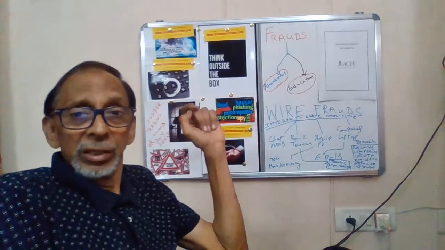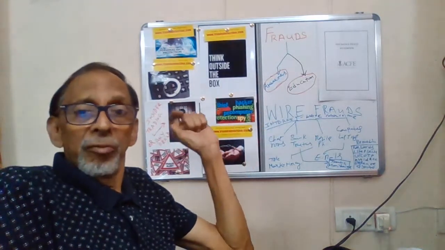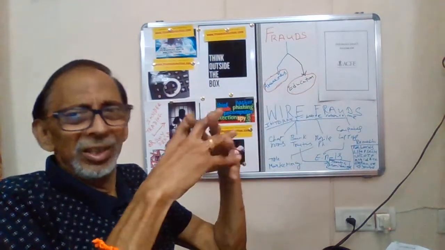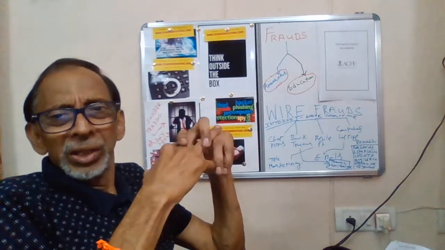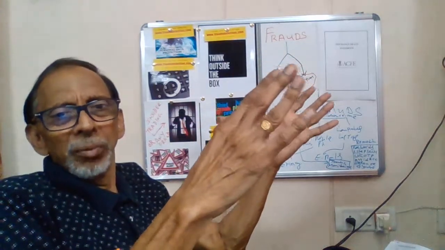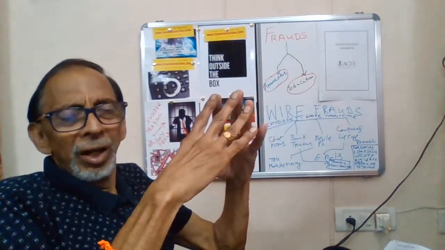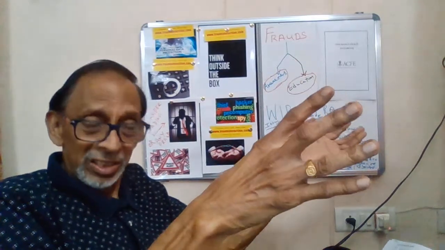Then there's telemarketing. This is another bigger wire fraud where you get false messages, false emails, and all these things. Telemarketing has also become a big fraud in several cases.